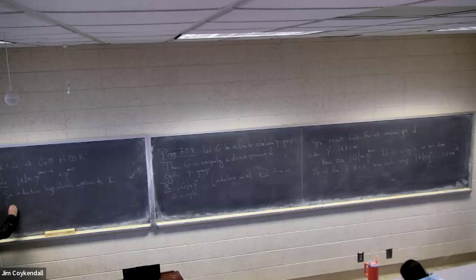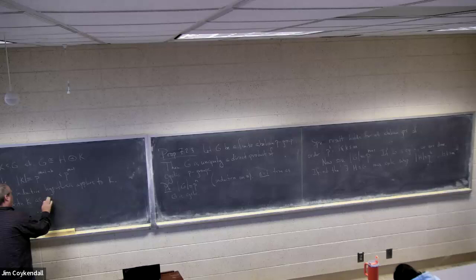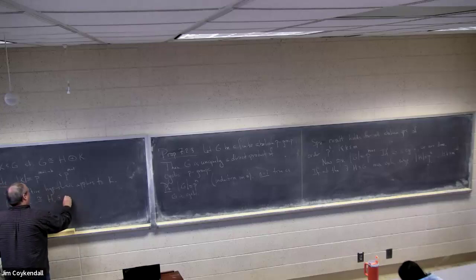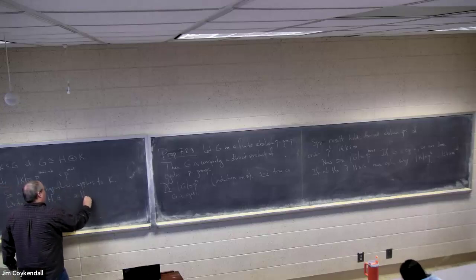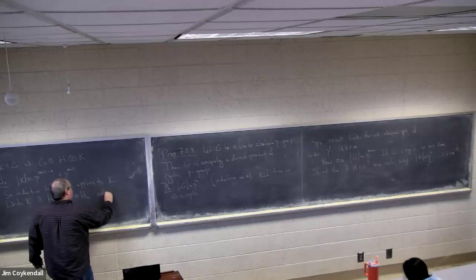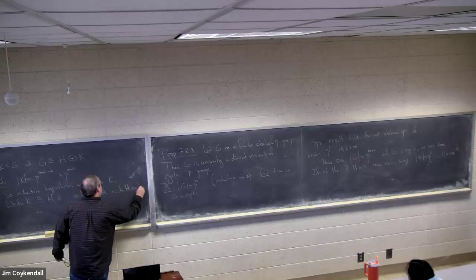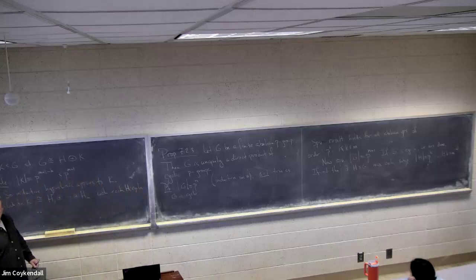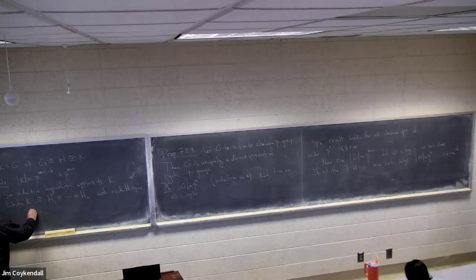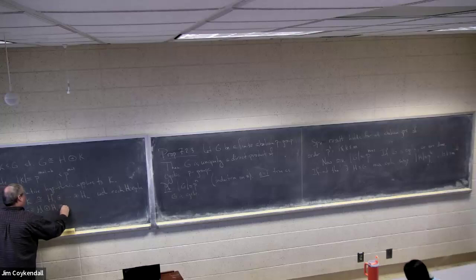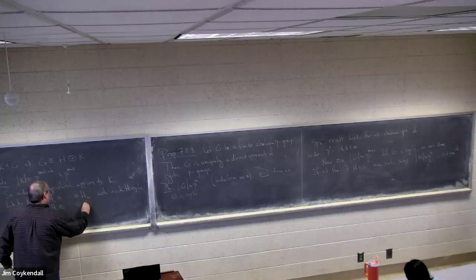So write K as H_1 direct sum through H_l, with each H_i cyclic. So G is isomorphic to H direct sum H_1 direct sum through H_l.